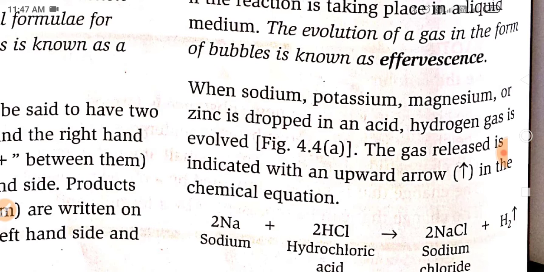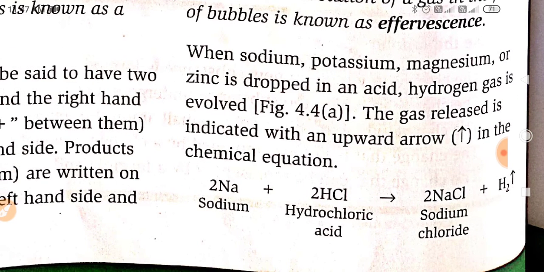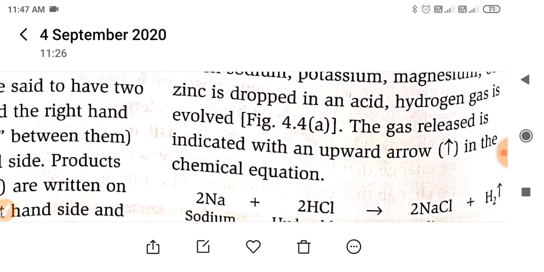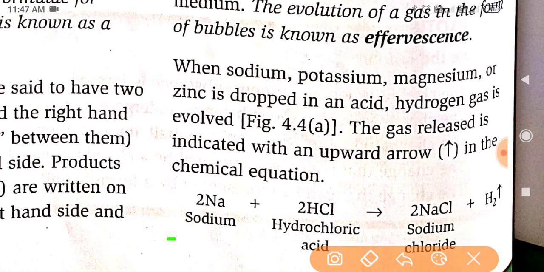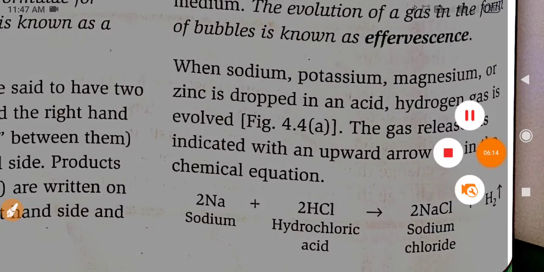The gas released is indicated with an upward arrow in the chemical equation. In this reaction sodium and hydrochloric acid react with each other, and sodium chloride and hydrogen gas are released.